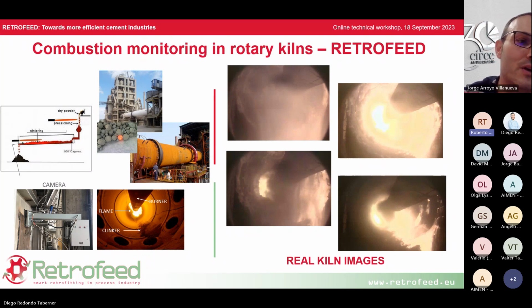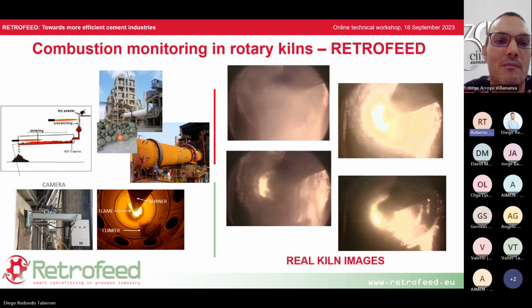In the case of Cetil, you can see here the rotary kiln that Antonio explained in the last presentation, where you have a camera installed in the base of the burner, and you have images like the one on the left, where you expect to see the burner, the flame, and the clinker.